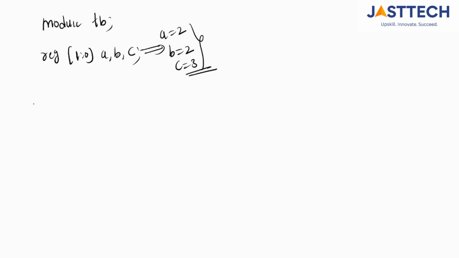And next, module TB, reg 1 down to 0 A. Suppose I keep a semicolon and here I keep B. Is there any error here?